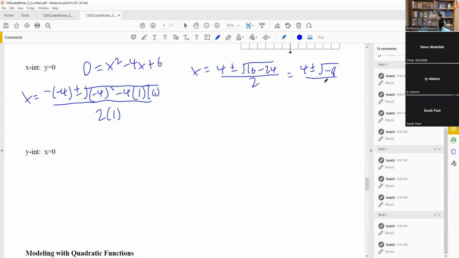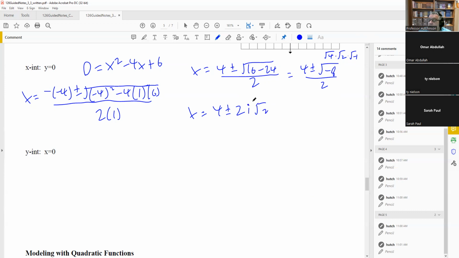So this will be negative 8 over 2. Let's keep on going. The square root of negative 8. 8 is the same thing as 4 times 2. So basically this is going to be the square root of 4 times the square root of 2 times the square root of negative 1, is what you can think of that as. Square root of 4 is a 2, and then the square root of negative 1 is your i, and then we just have a square root of 2 left over.